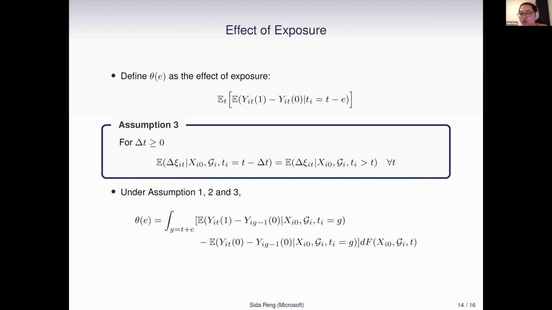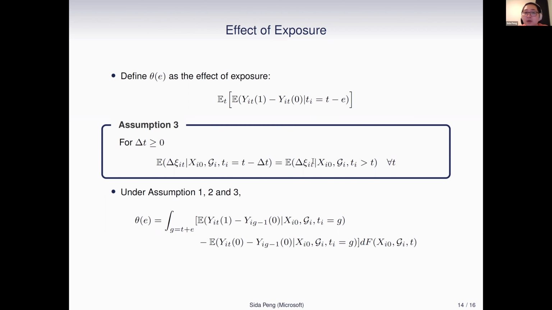If you were not treated in many of the previous periods, you would just grow similarly to people who never adopted. Under this assumption, we can compute this time to exposure as a summation of the previous estimates that we generated from the three-step estimate.